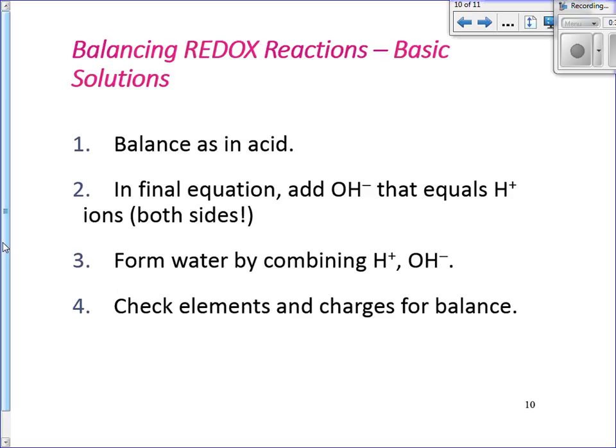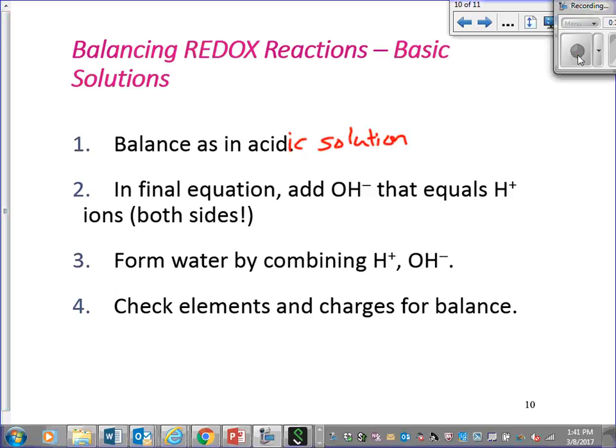So you can go ahead after you write down your rules, start getting it set up as you were to balance it in an acidic solution, get to that point, and then we'll add on the OHs and show you how to do that. So go ahead and write these down and then start on the example, balance it in an acidic solution, get it to that point, and we will add on our OHs. Since basic solution means it's going to have hydroxide involved. So yes, you can change that to balance as in acidic solution.